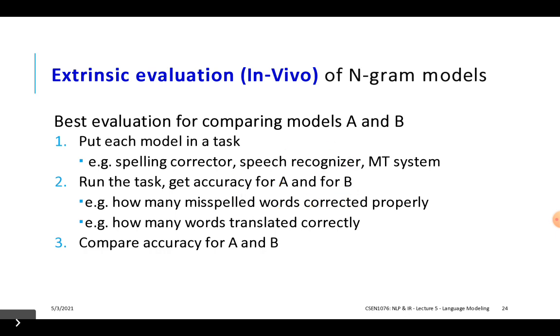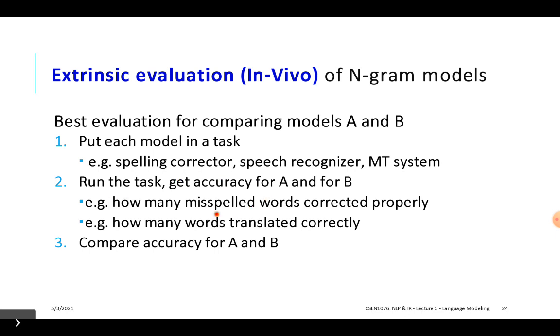You can build a spelling corrector, you can build a machine translation system, and then you use the language model in both, and then you assess whether the language model produces good translations matching the ground truth translations, or it produces syntactically correct and correctly spelled sentences, correctly spelled words. And then you try to see if your language model does perform well in both of these tasks.